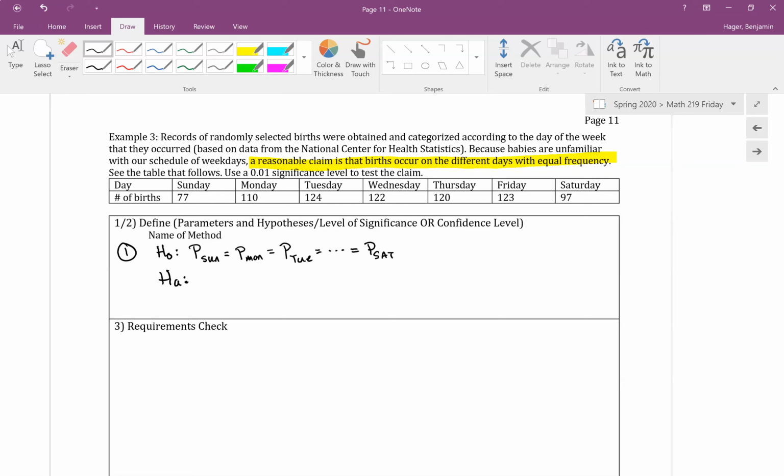And again, it's not singling out a particular day, and we're not saying I think Monday has the most births. That would be a different test, back to like a one proportion test. Here we're just going to say either they are all the same as we think the claim is, or they're not all the same. At least one is different.